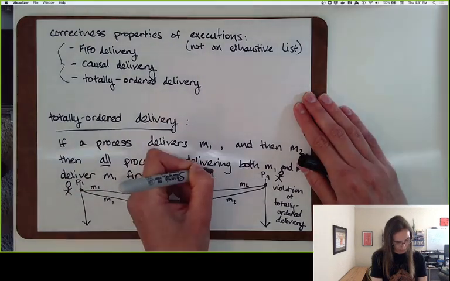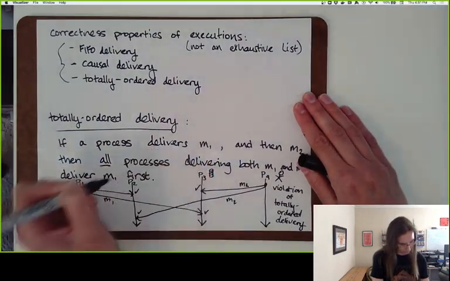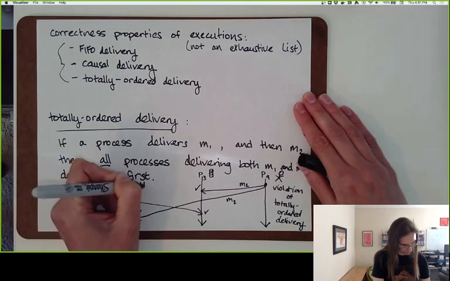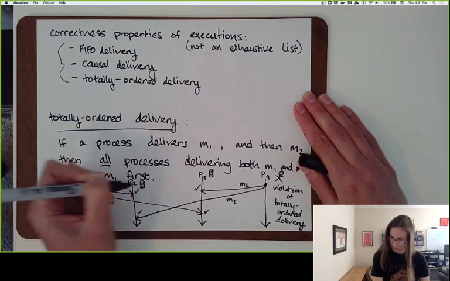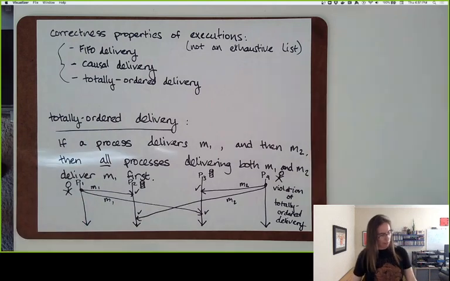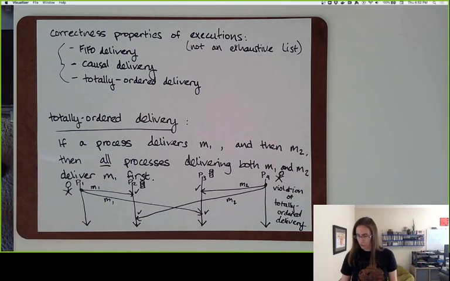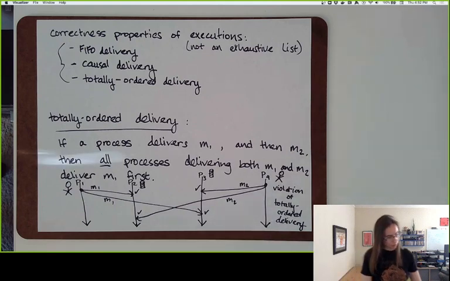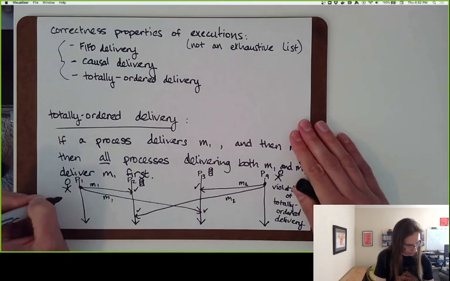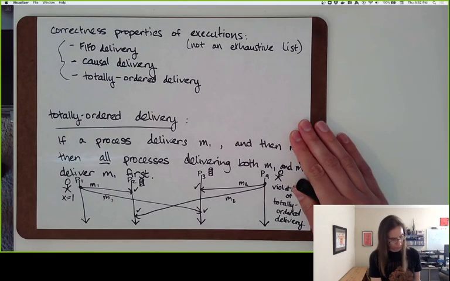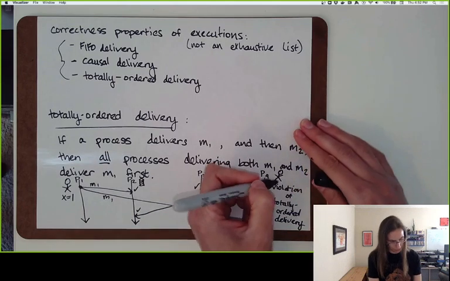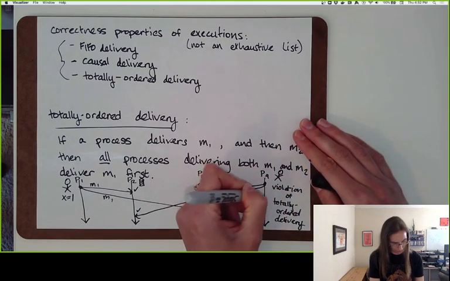So here's a little database picture for you. And maybe message 1 and message 2 are writing to some key in the key value store. And maybe they're writing different values of the key. So maybe this client over here is trying to write a value of 1 for x, and maybe this client over here is trying to write a value of 2.